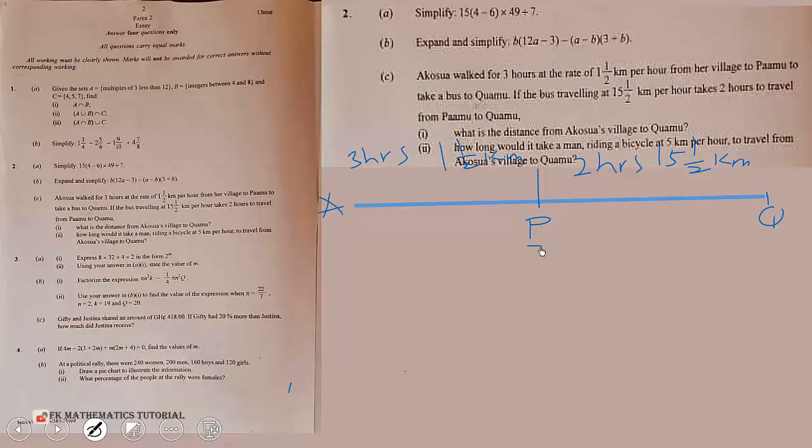And if every hour it covers 1.5 kilometers, then in 3 hours it will cover the distance from A to P. Mostly when you see this sign, it means distance. So A to P is given by 3 times 1.5 kilometers.